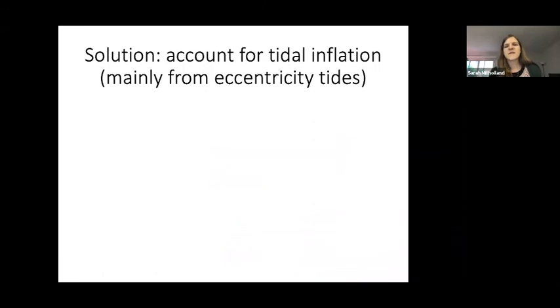So we have proposed a solution that maybe most of these sub-Saturns are not quite as gas rich as their masses and radii have suggested, but rather their envelopes just look big because they've been inflated through this tidal heating, mainly from eccentricity tides, but potentially also from some obliquity tides.